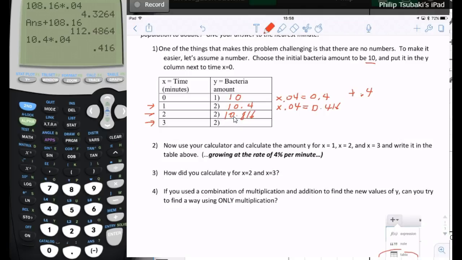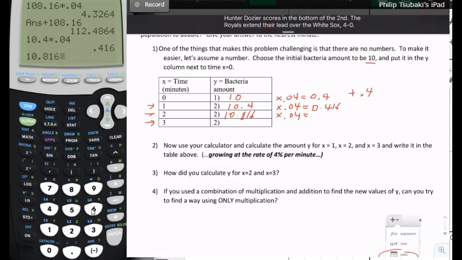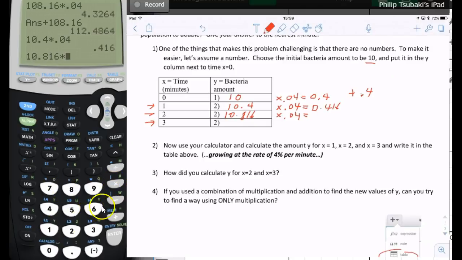And then if we want to see how much we grow the next time, we multiply by 0.04 again. 10.816 times 0.04, and we get 0.43264.